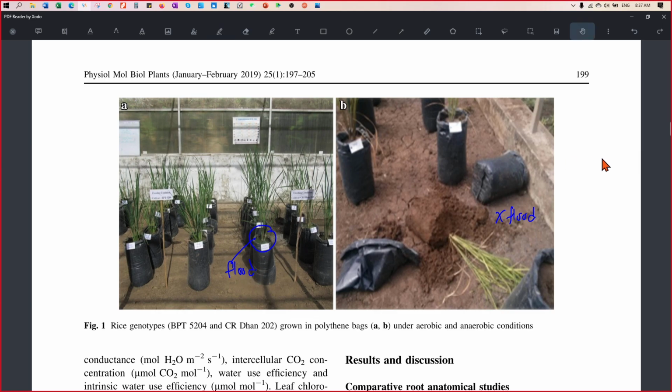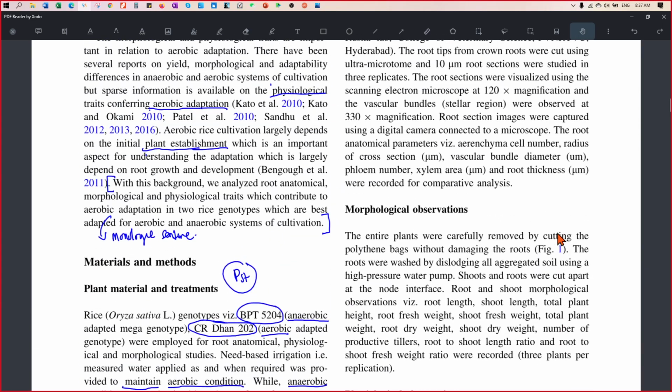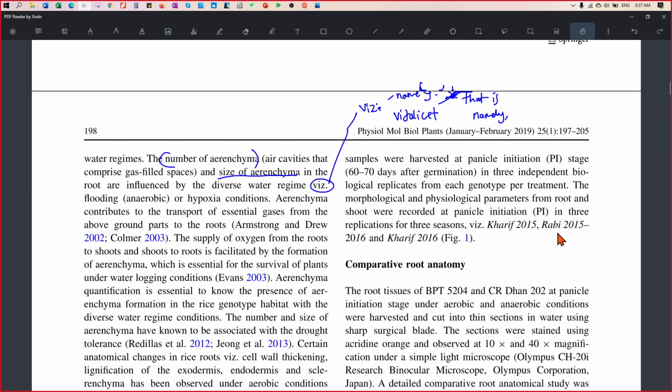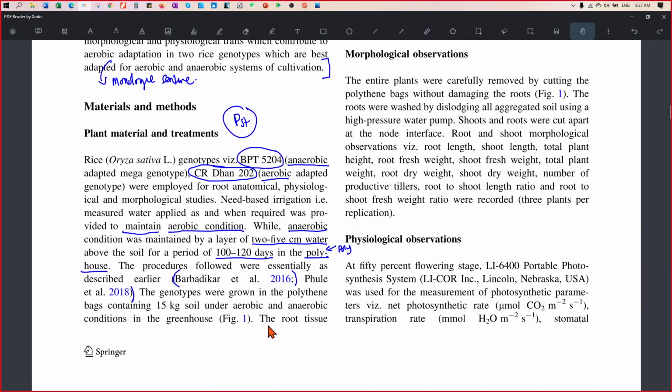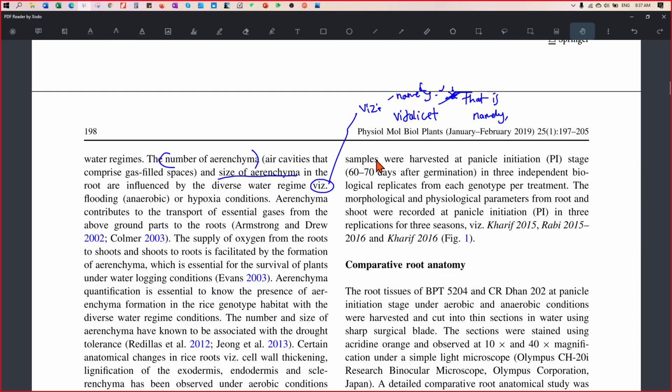Okay, so let's see what else they did. They also say that the root tissue samples were harvested at panicle initiation stage, about 60 to 70 days after germination.